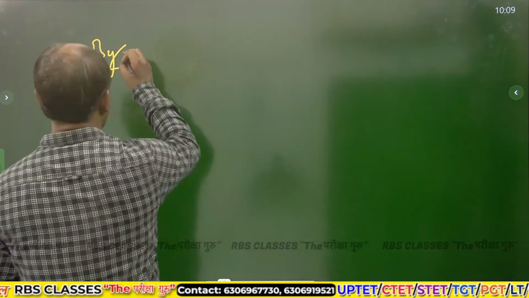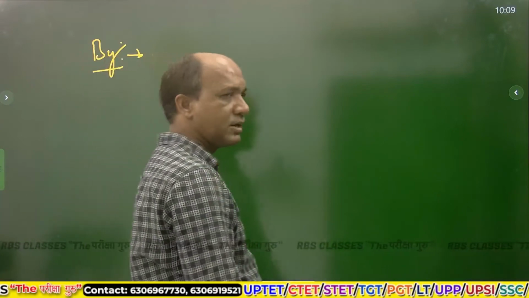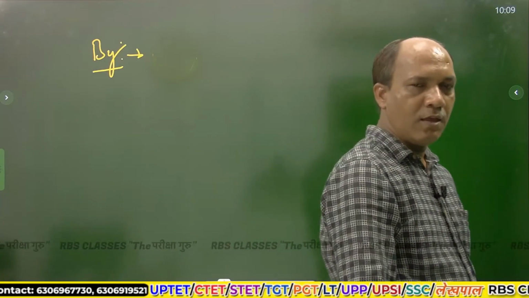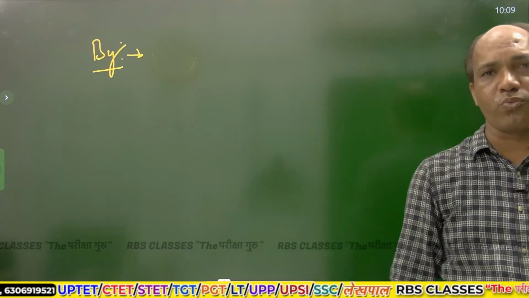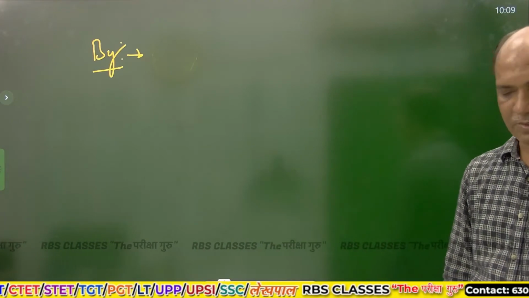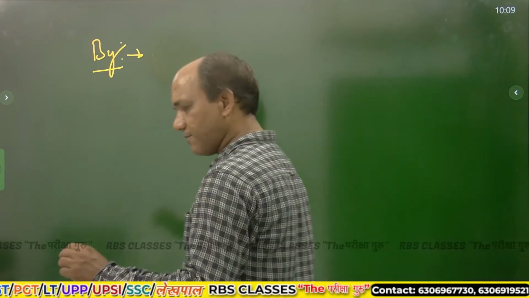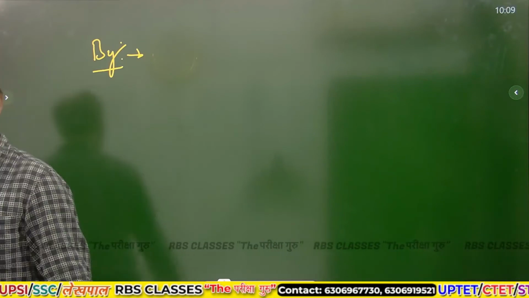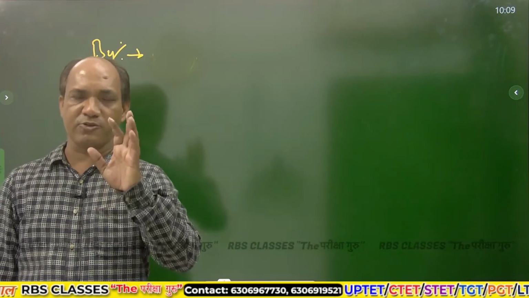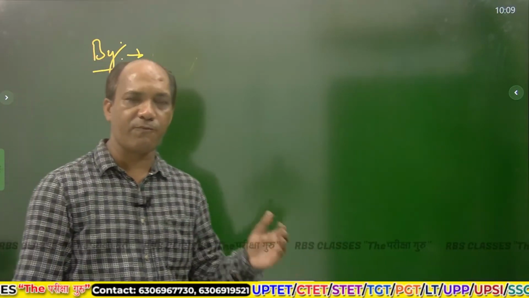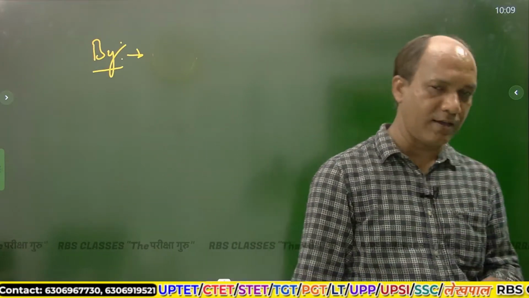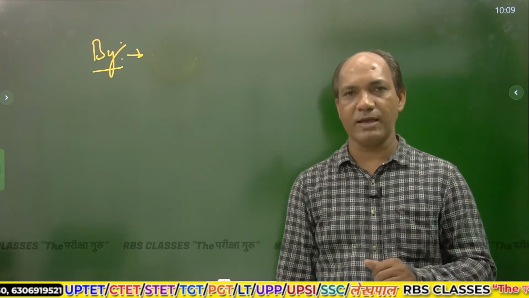By means not later than the time given. जो समय दिया हुआ हो उससे बाहर आपको नहीं जाना है. A particular point of time will be given. Try to understand the concept of the use of preposition by in the sense of time as preposition of time.